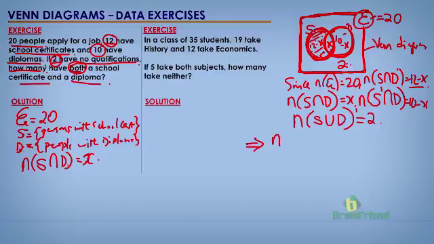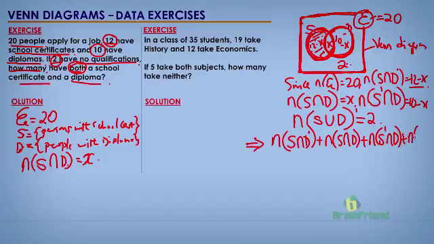We would have the cardinality of S intersection D prime plus the cardinality of S intersection D plus the cardinality of S prime intersection D plus the cardinality of S union D prime.